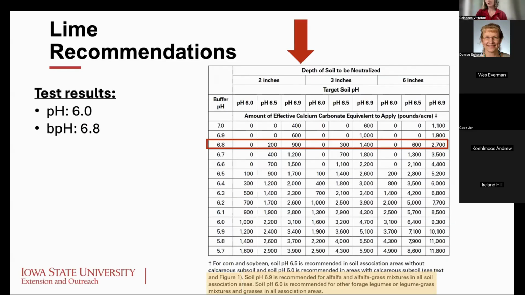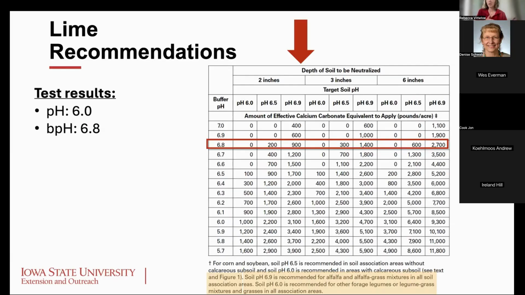I often use this analogy to explain the buffer pH. I can have a glass of water that is half full, and I can also have a bathtub that is half full of water. It's going to take a lot more water to fill up my bathtub compared to my glass. That's what the buffer pH is telling us: that size. How much do we need to add to increase it?